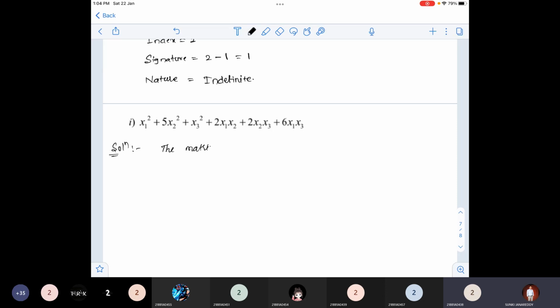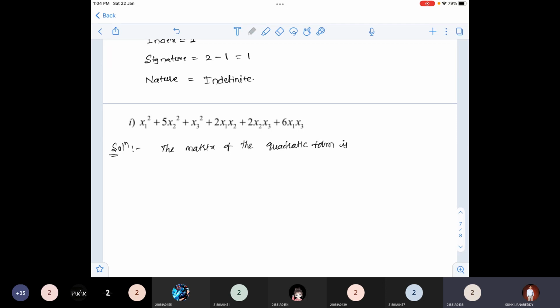The matrix of the quadratic form is, what is the matrix of the quadratic form?